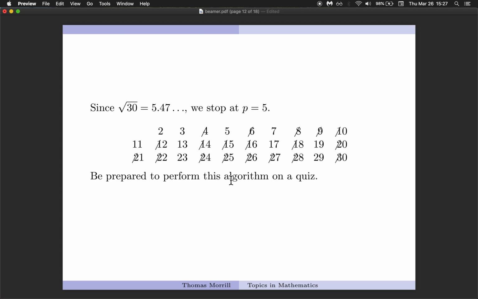And now everything that's on this list, but not struck out, must be a prime number for exactly the reasons I said about 4 slides ago. So the prime numbers between 2 and 30 are 2, 3, 5, 7, 11, 13, 17, 19, 23, and 29. That's it.